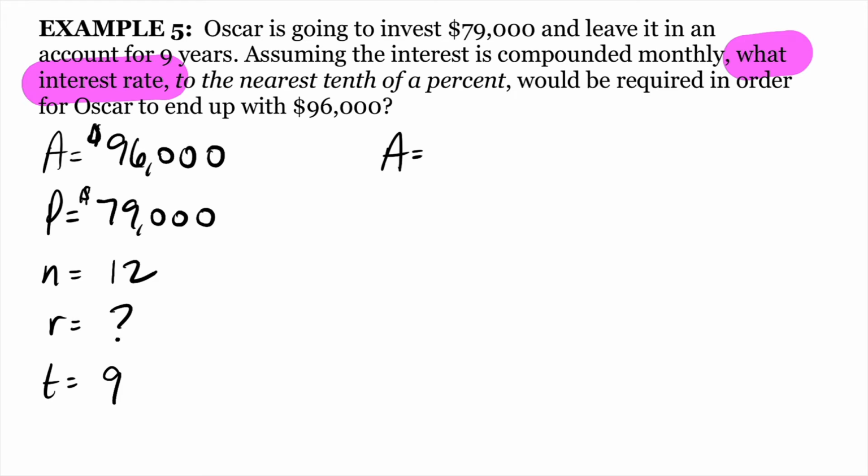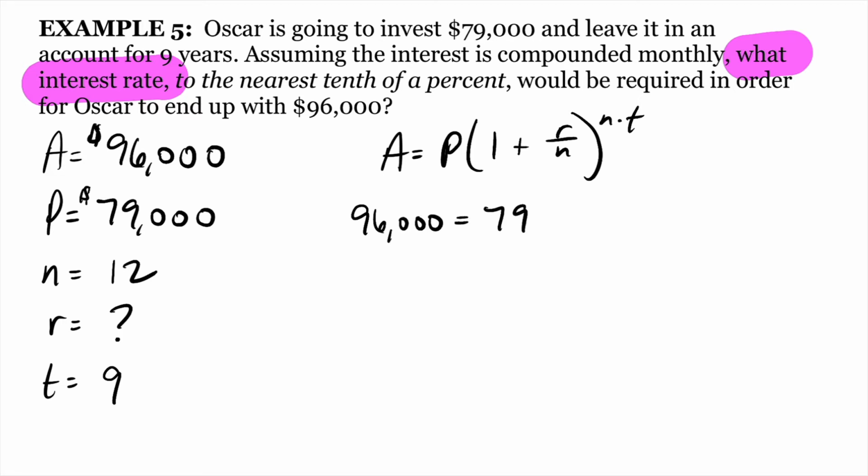So which formula are we going to use? The first one from the front page or the second one? First one, yep, because we have a number for n, right? It's not compounded continuously. So let me rewrite that and plug everything in. A is $96,000.